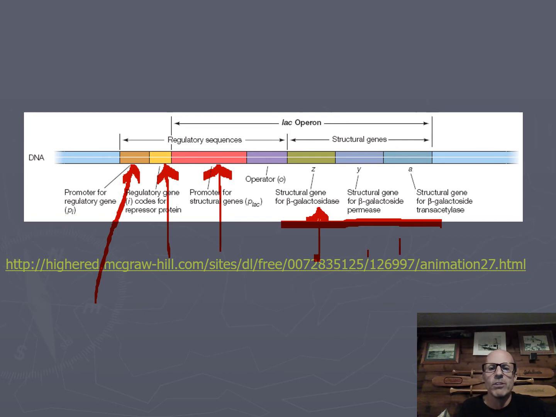The other gene codes for permease, and the third codes for transacetylase. Again, not important, but these 3 genes right here need to be turned on if lactose is going to be broken down. That's the important part to understand here.